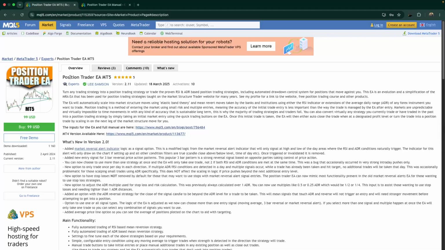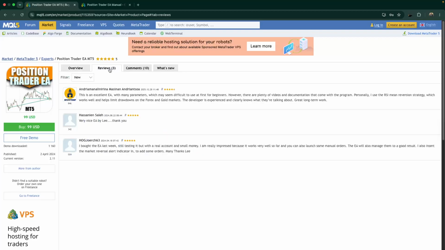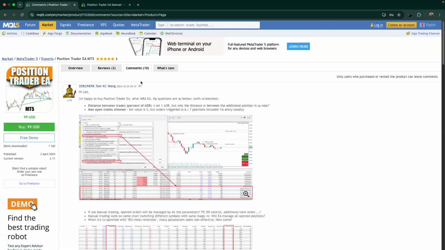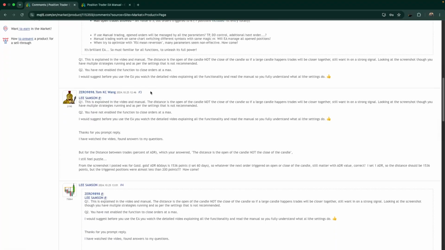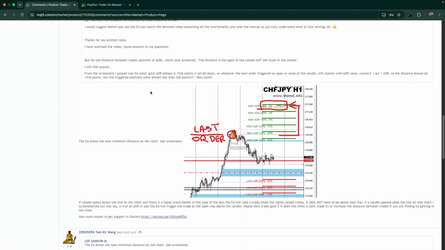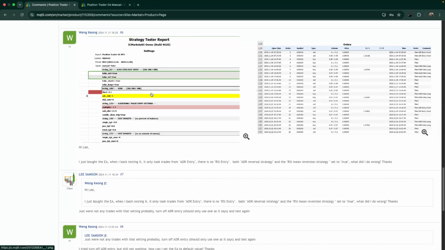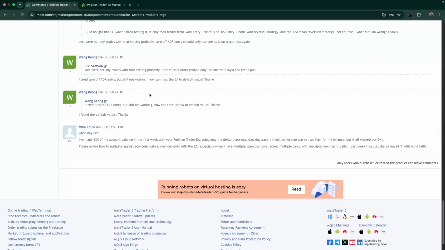But this particular EA, the Position Trader, goes for just 99 US dollars, approximately $100, and it was last updated on the 18th of March. It has about 3 reviews, and all of them are 5 stars, and 10 comments, most from the developer himself. Most of the comments are from the developer explaining how the expert advisor works.